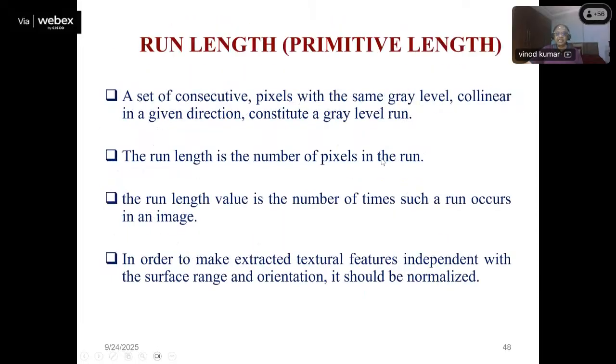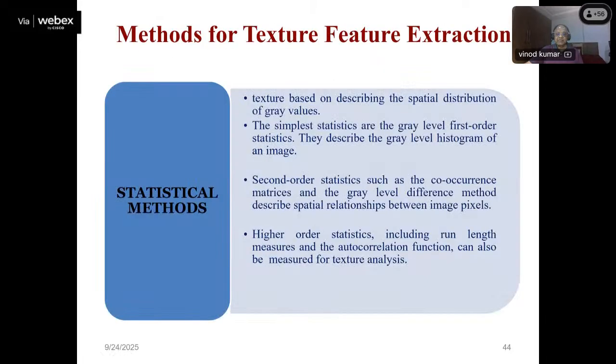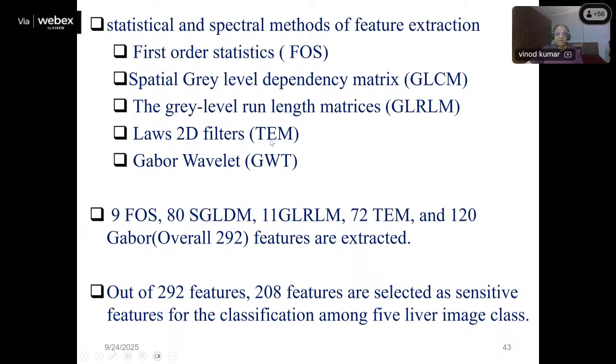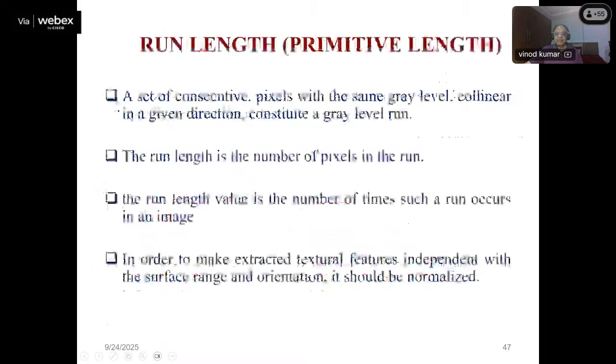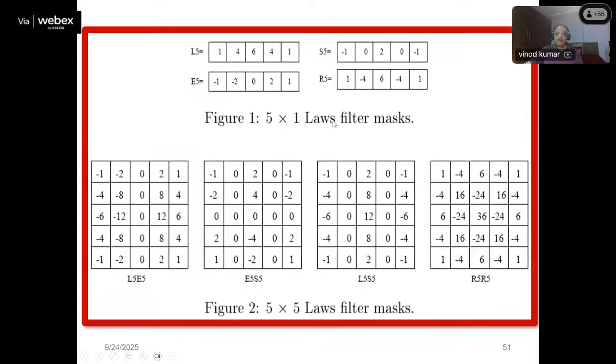I told you texture energy features were large in number. With the 2D filters, 72 features were there. Texture energy measures were 72. Gabor filters had 120 coefficients. For two dimensions, we convolve this with this, this with this, like this.